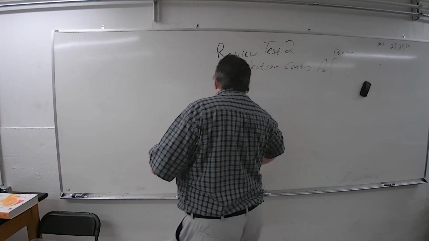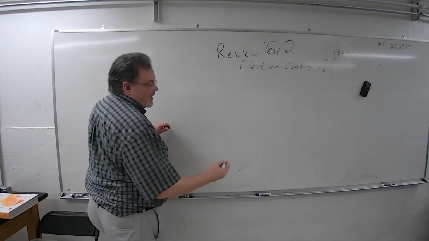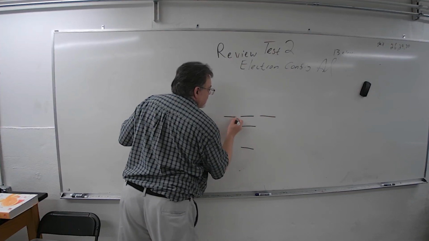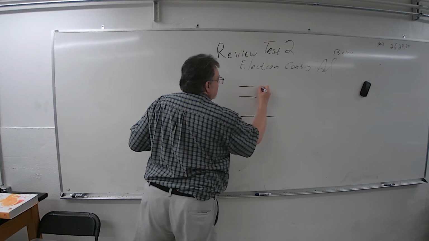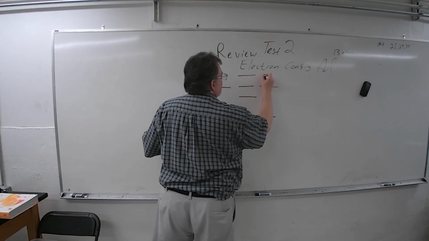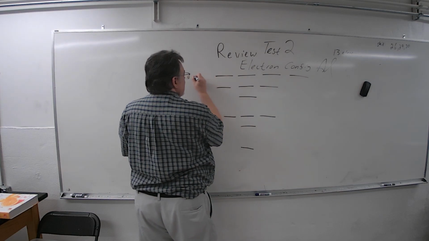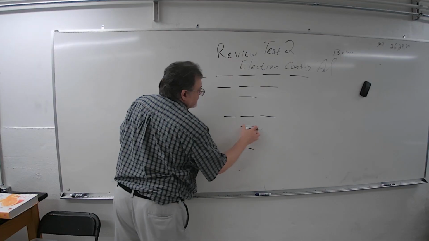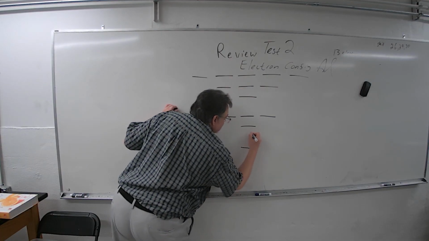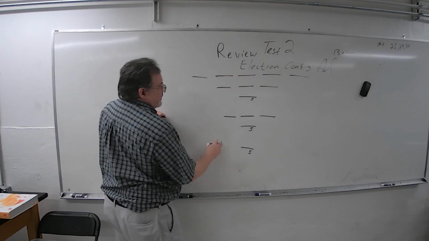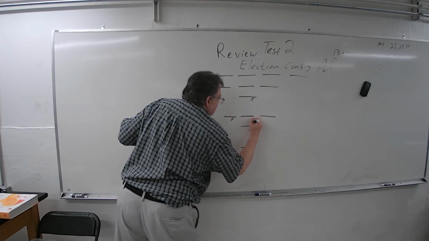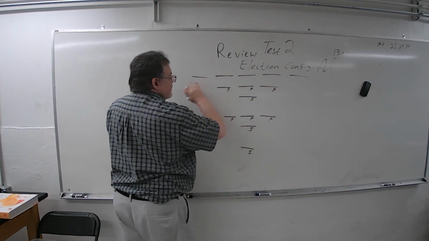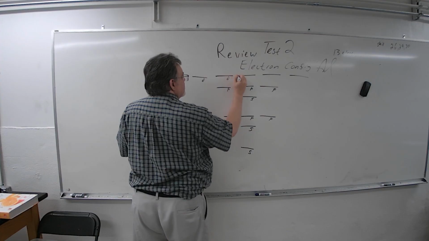The first thing you do is you go 1, 1, 3, 1, 3, 5. Inverted Christmas tree. And then you have to remember this game. The single ones are S's. The triple ones are P's. And the one that has 5 are D's, D orbitals.